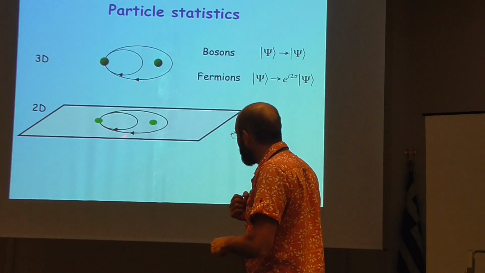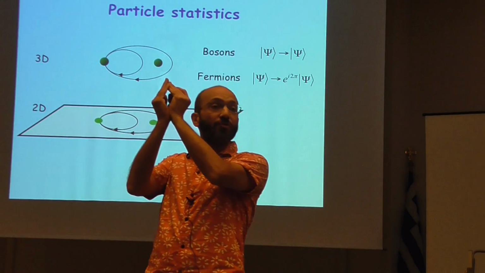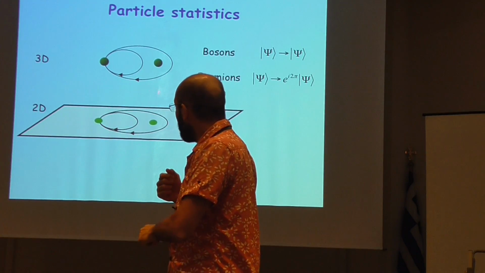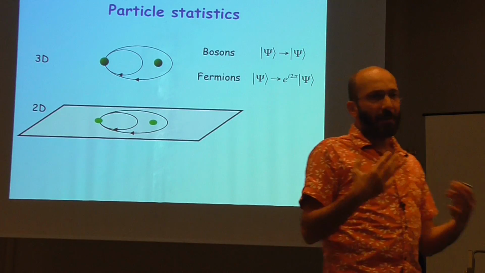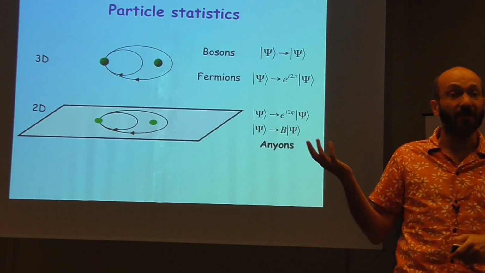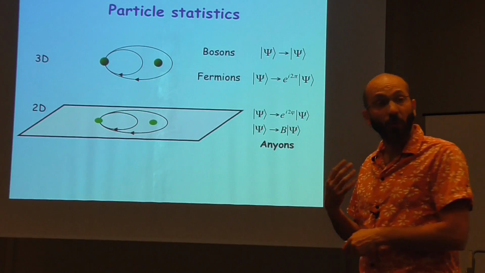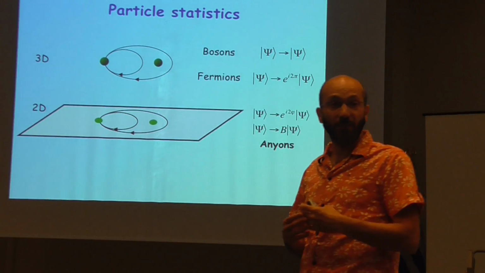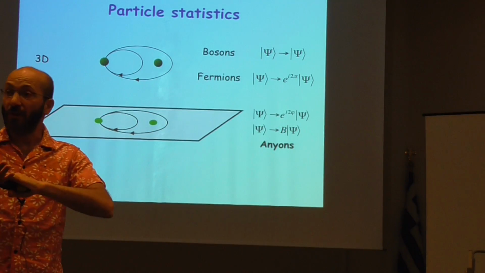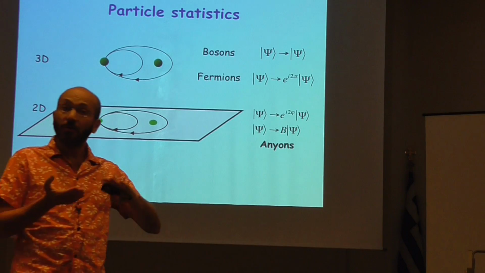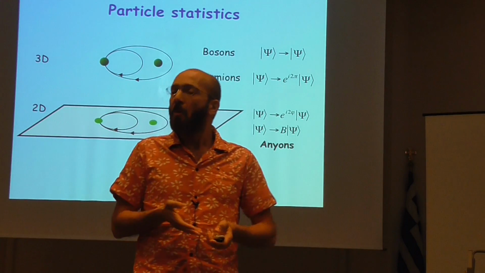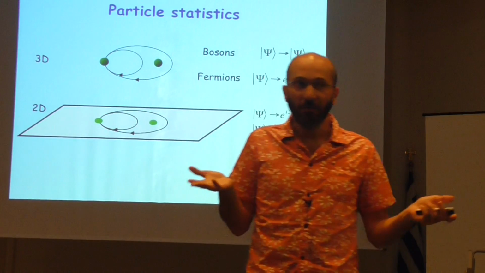Now this small evolution here, I can deform continuously to the trivial evolution where nothing has happened, but I cannot do it with the big evolution. That means that the evolution I can assign to this one could be arbitrary. I could get a phase factor or a whole unitary transforming my wave function. I don't have to, but I could. So in a 2-dimensional world, you could have such particles of exotic statistics called anyons, or you could have bosons or fermions. There's no need.